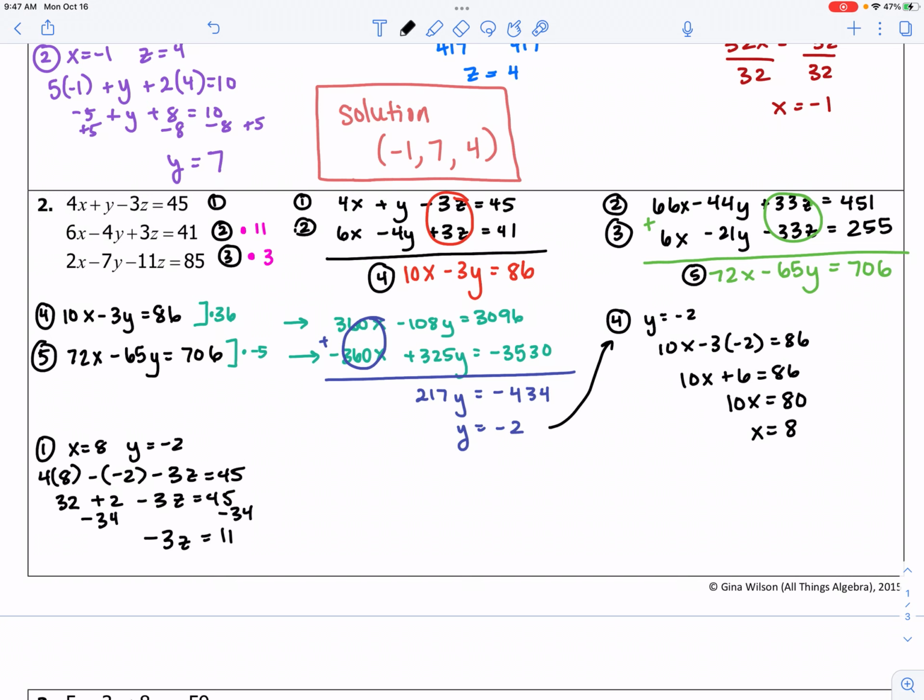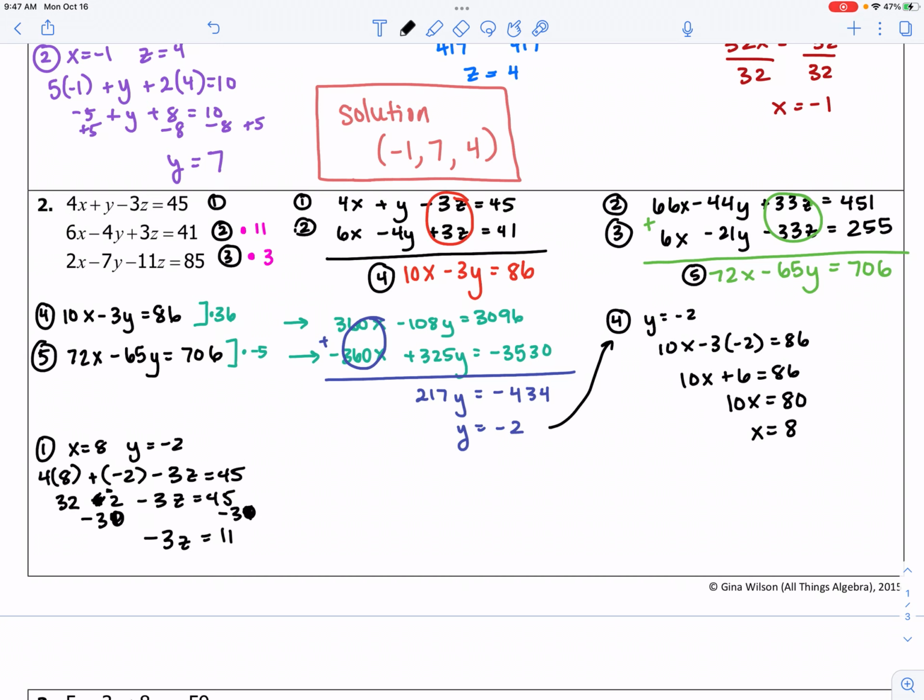Oh, I think my math is wrong there. Oh, this should be a plus, not a minus. It's a plus here. So this is a -2. So this is 30. So we're going to subtract 30 from both sides.